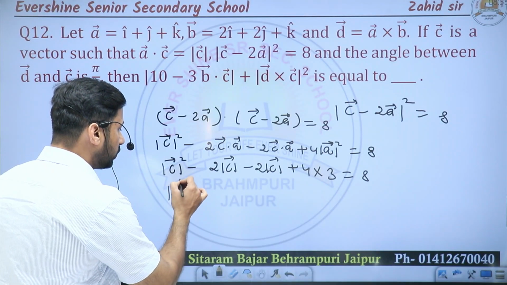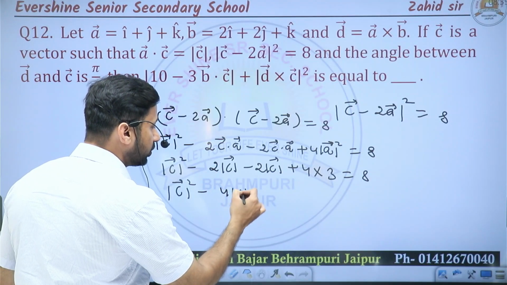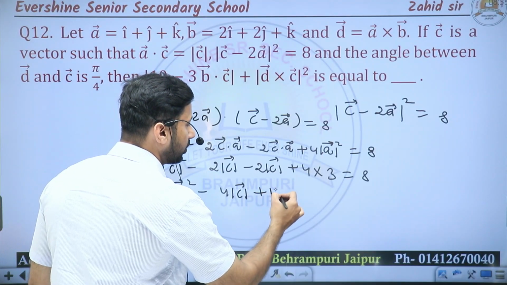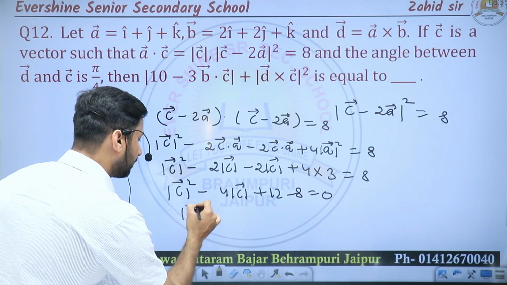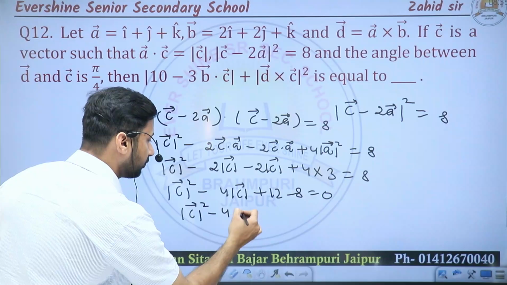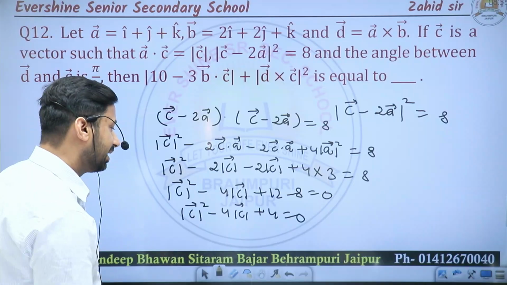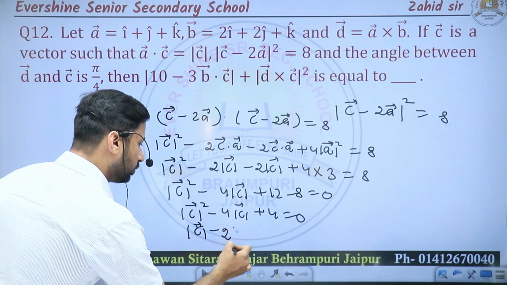Now mod of C square minus 4 mod of C, 2 plus 2 will be 4, and 4 3s are 12 minus 8 equal to 0. So mod of C square minus 4 mod of C plus 4 equals 0. I can factorize it. It will be mod of C minus 2 whole square.